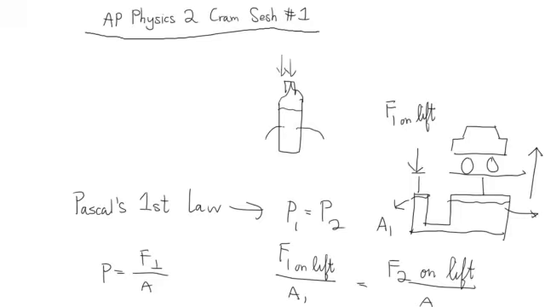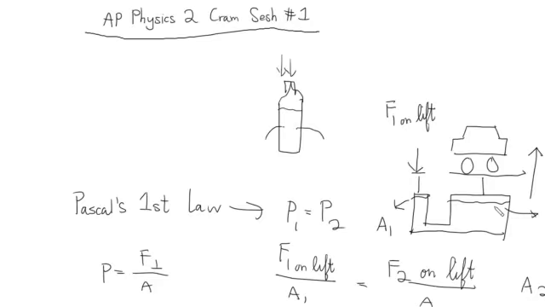Actually, sorry, this would be force lift on 2, because now the lift is exerting the force. Then this would be equal to, if we just rearrange terms, A2 over A1, where A2 is significantly greater than A1, times the first force. And so we can see it's extremely efficient.